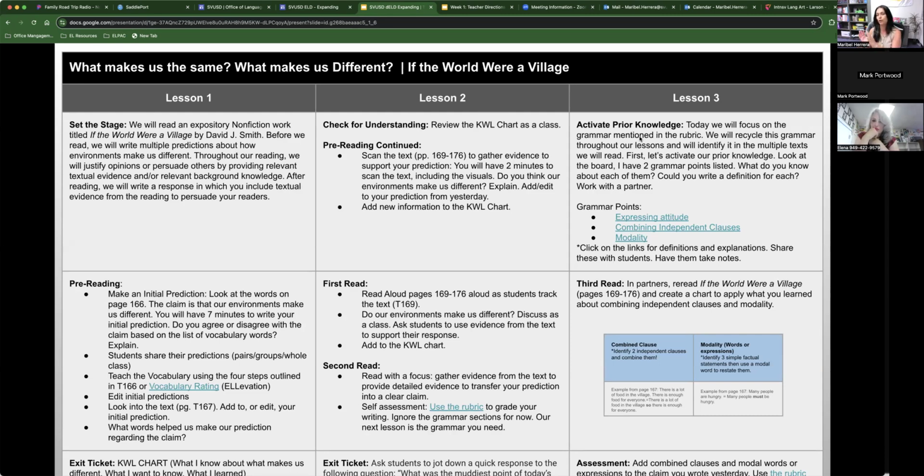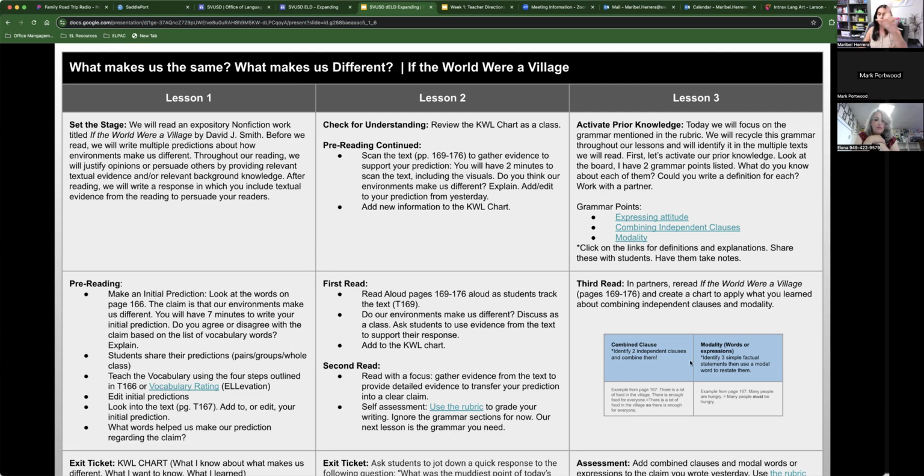And this is focusing on the grammar, because every secondary standard of the unit is grammar focused: how language works, how English works. So lesson 3 for every text will always be focused on grammar, and everything you need is linked there. And then we're going to go back and ask, how does this grammar make sense in context? So in this case, they're reading "What Makes Us, If the World Were a Village."